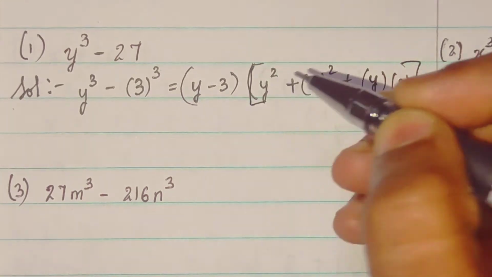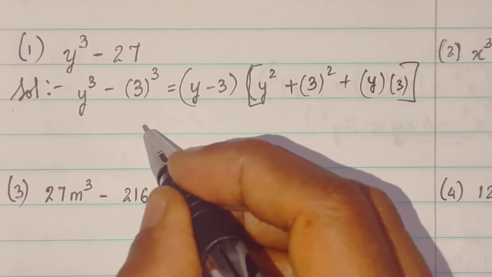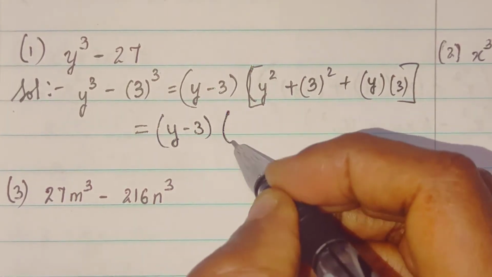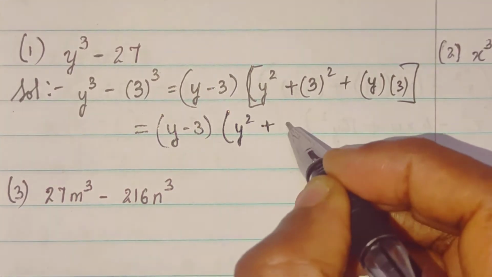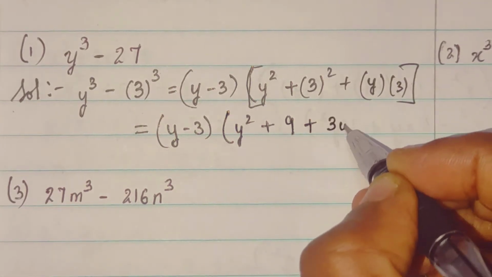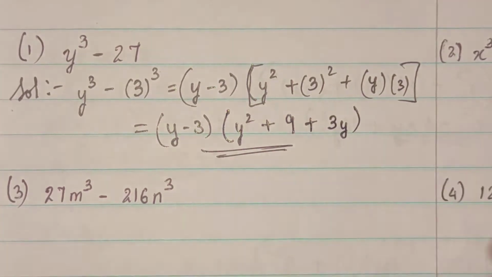Okay. So after finding the values, y minus 3, y square plus 3 3s are 9, plus 3 into y, 3y. So this is the answer.